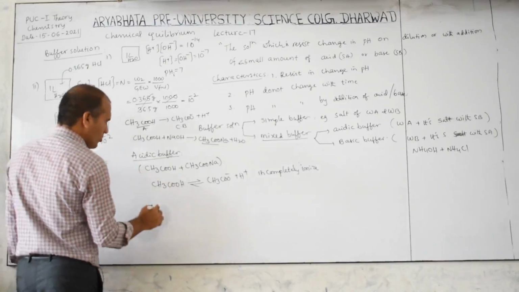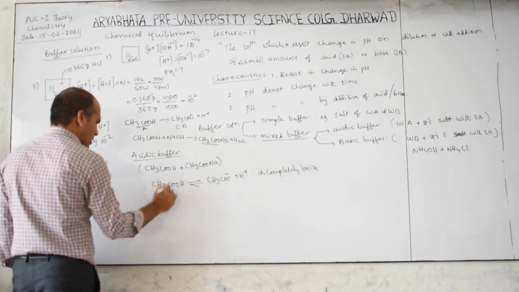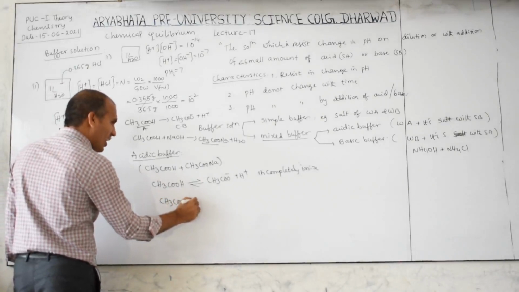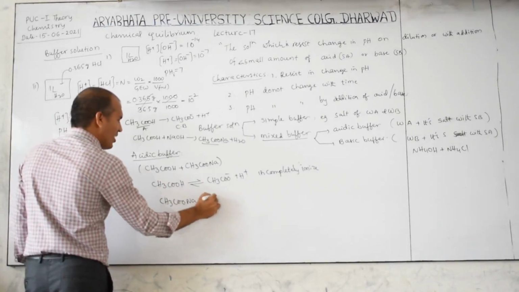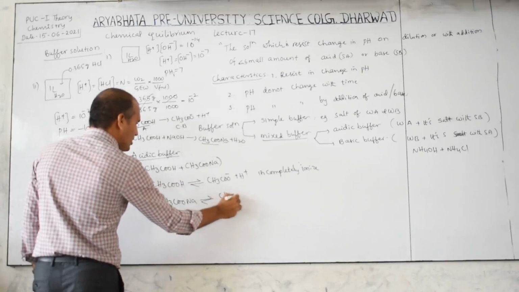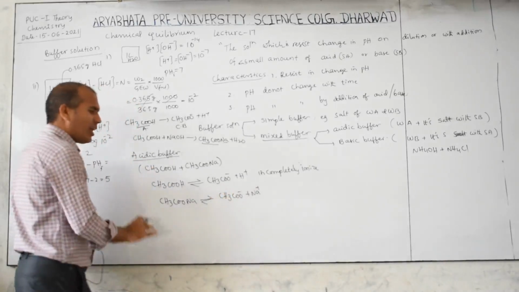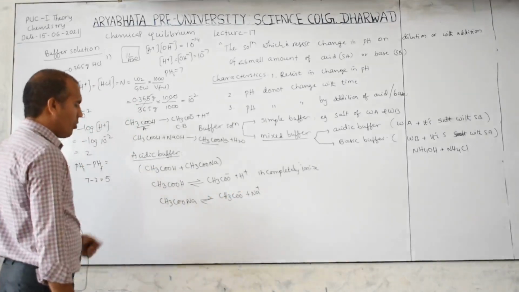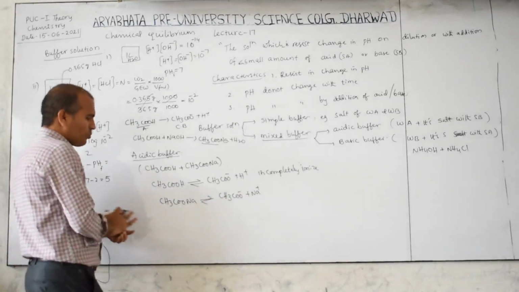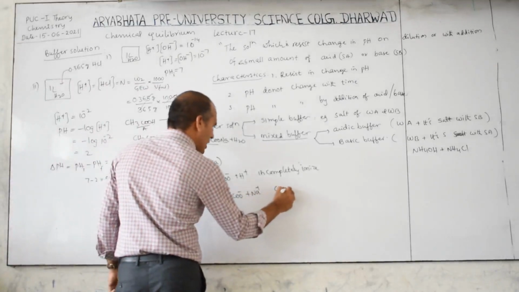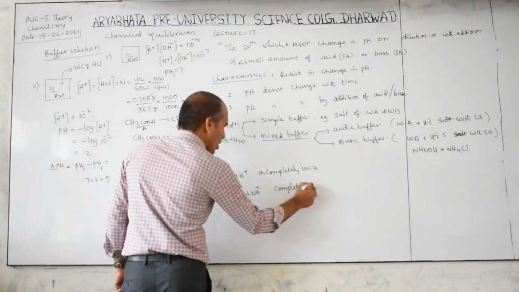Now another one, CH3COONa. This will be ionized into CH3COO minus plus Na plus, completely ionized.